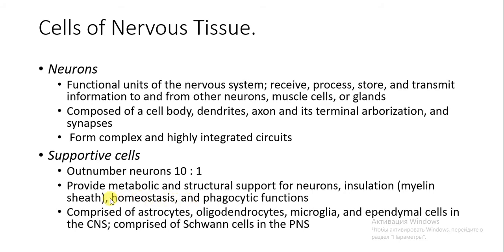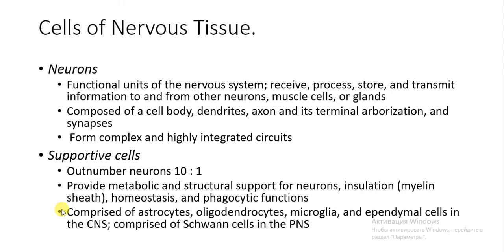Also, they help in homeostasis and the phagocytic function of the nervous tissue. For example, myelin sheaths: in nerves we have myelinated and non-myelinated fibers, and they are made by supportive cells. For example, Schwann cells, which you discussed in physiology, I guess, are supportive cells.